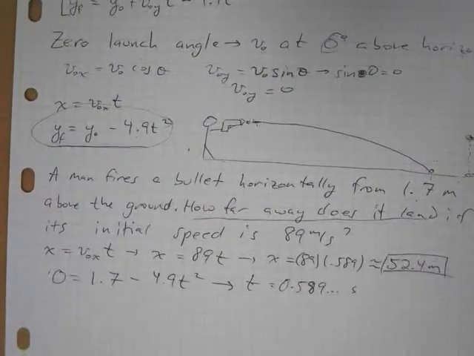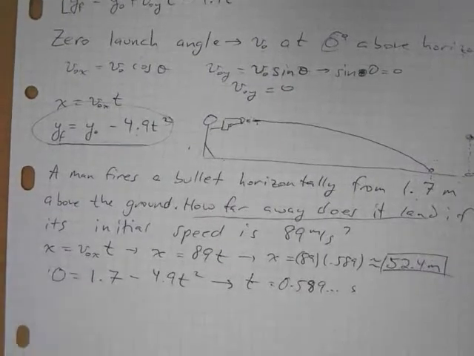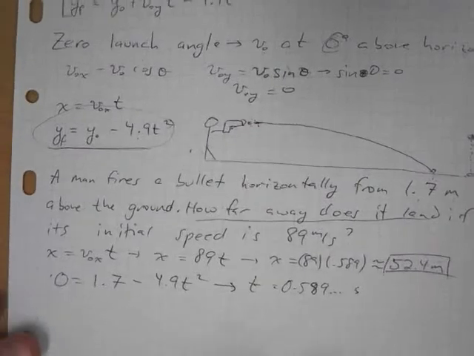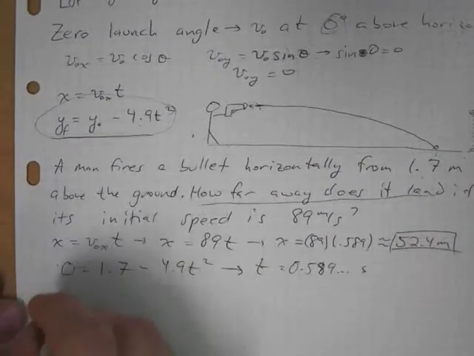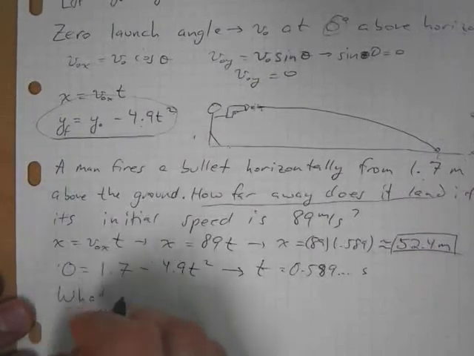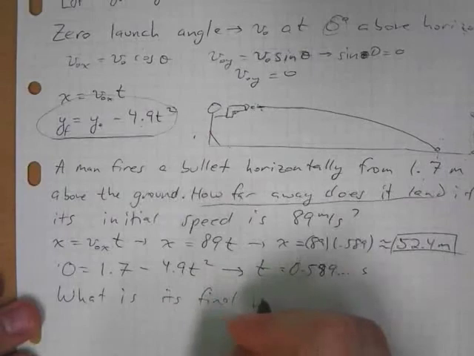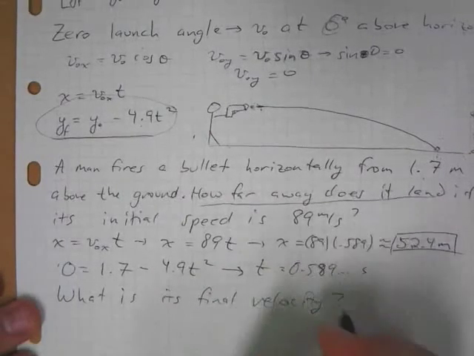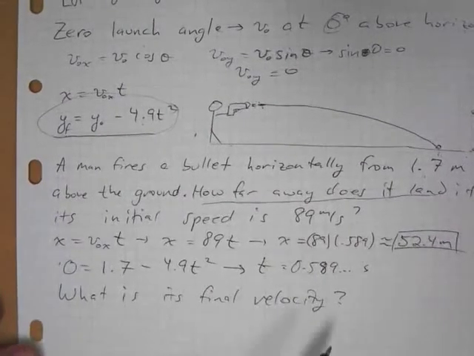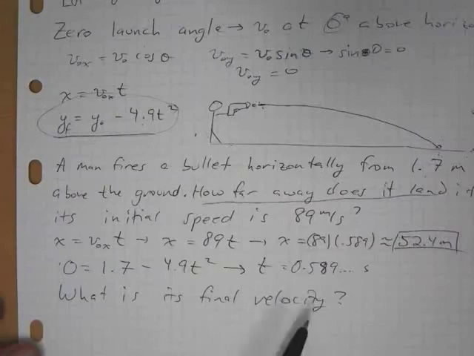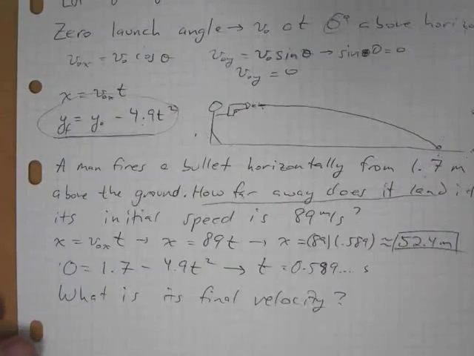Another common question in projectile problems is, what is its final velocity? And remember, velocity is a vector, so if I ask for final velocity, I'm really looking for a magnitude and direction. Okay? Well, we know that in the x direction, there's no acceleration.